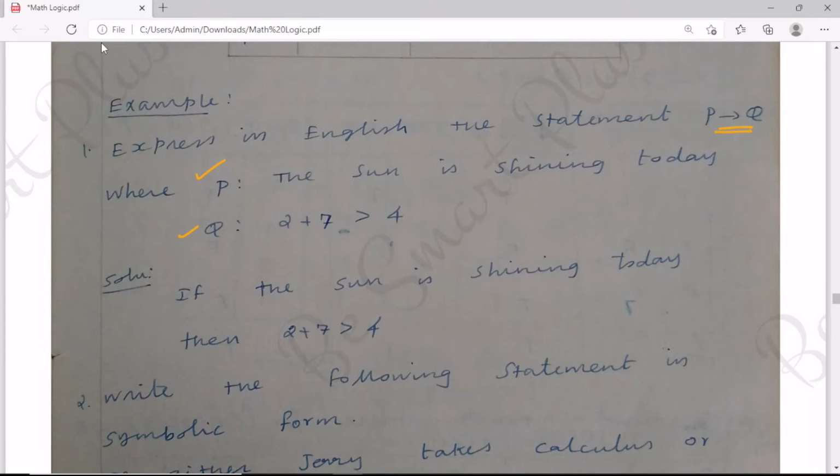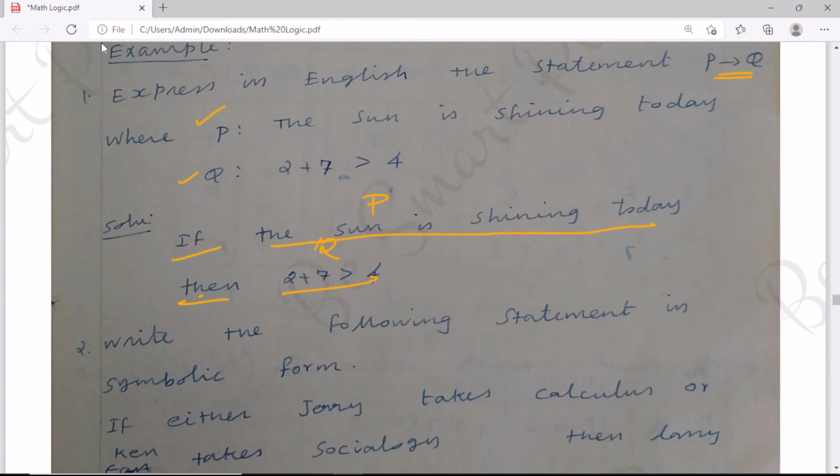The solution: if you express this in the form if P then Q, P conditional Q means if P then Q. So if the sun is shining today, then 2 plus 7 is greater than 4. Now you have the conditional statement.